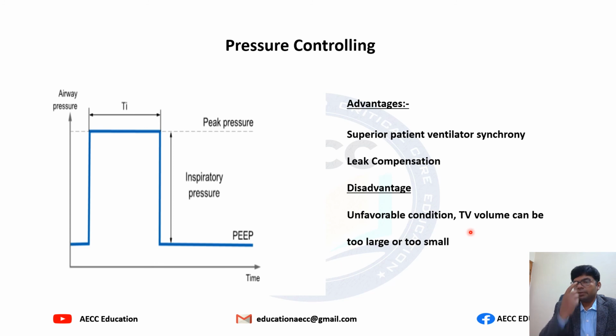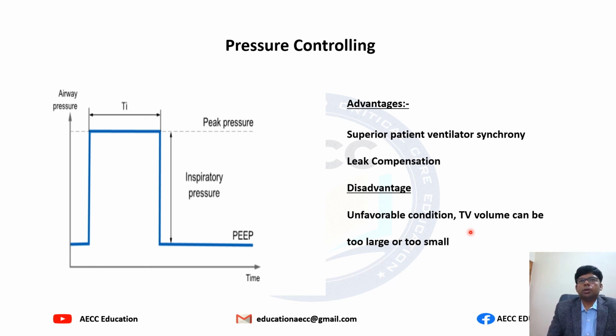And if you are putting the patient on the pressure control mode with a peak inspiratory pressure of like 25 with the PEEP of 8, there is a gradient of 25 minus 8, that is 17. So 17 pressure gradient delivers a certain amount of tidal volume initially.